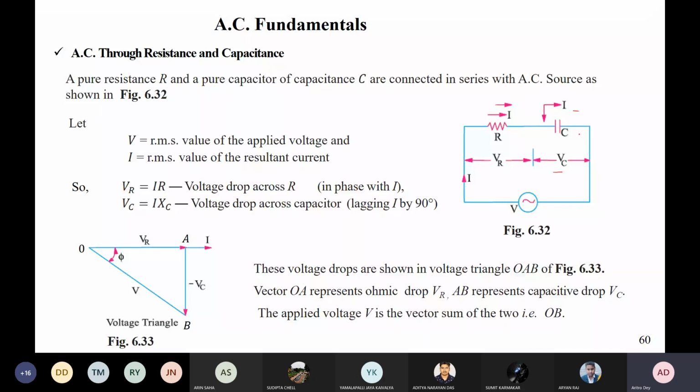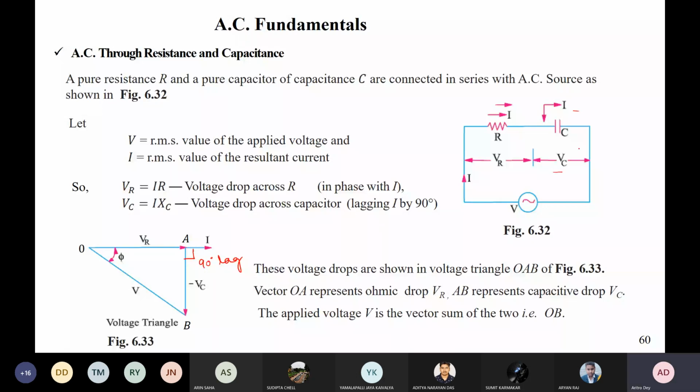So if we take I as reference, then VC should be 90 degrees lagging, right? As I is leading VC by 90 degrees, we can always draw VC lagging I by 90 degrees, and of course VR will be in phase with the current through the circuit.